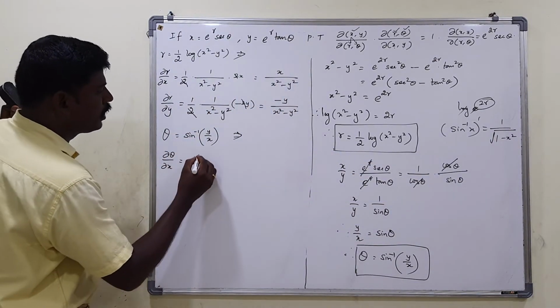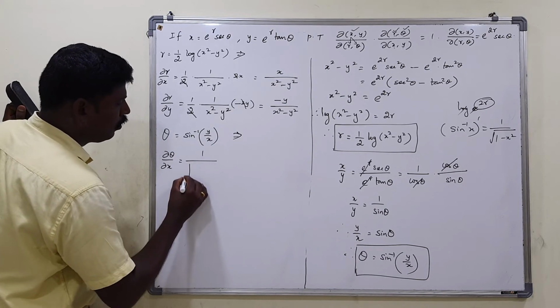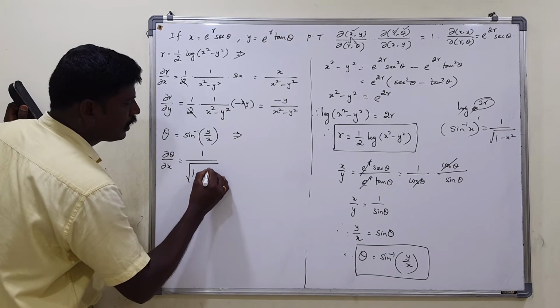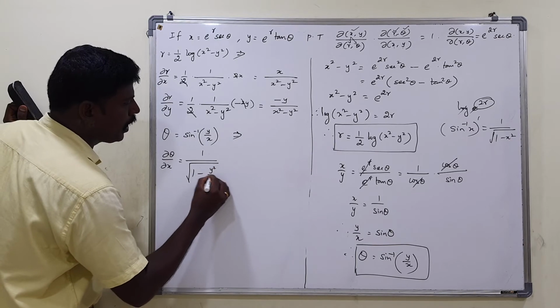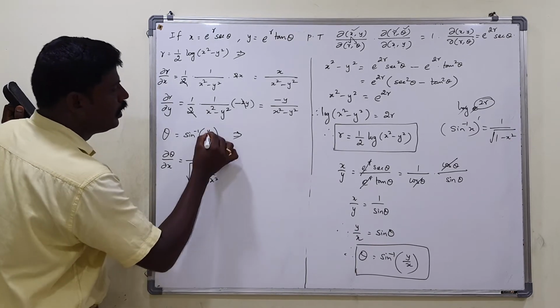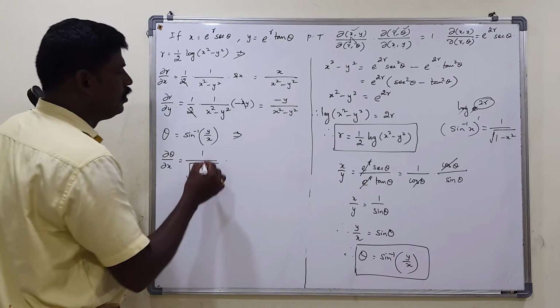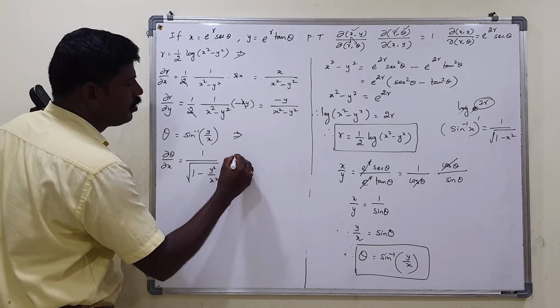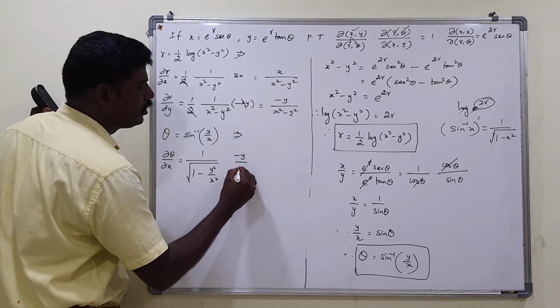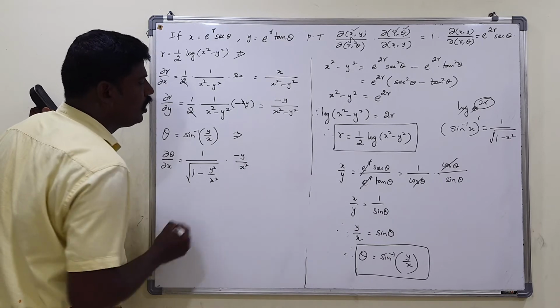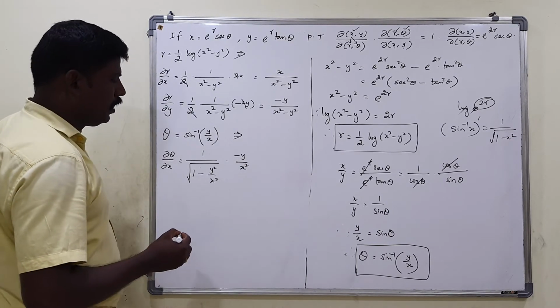So dou theta by dou x becomes 1 by root of 1 minus y square by x square into the derivative of y by x, chain rule. So the derivative of 1 by x is minus 1 by x square. Already y is in the numerator. So minus y by x square.